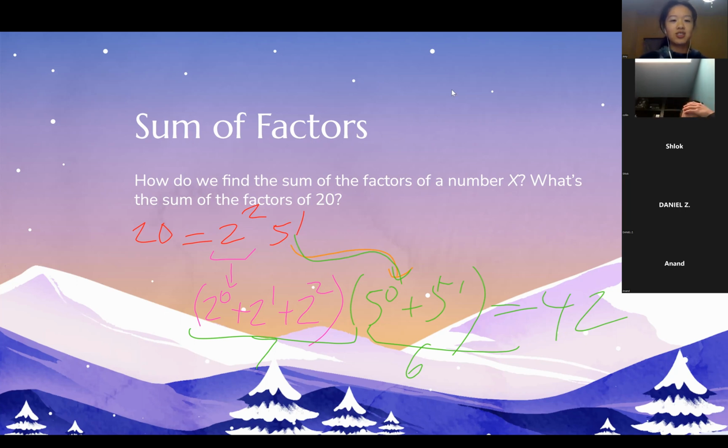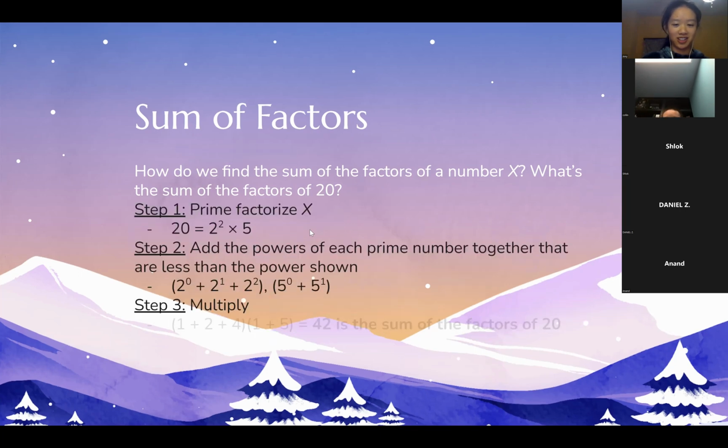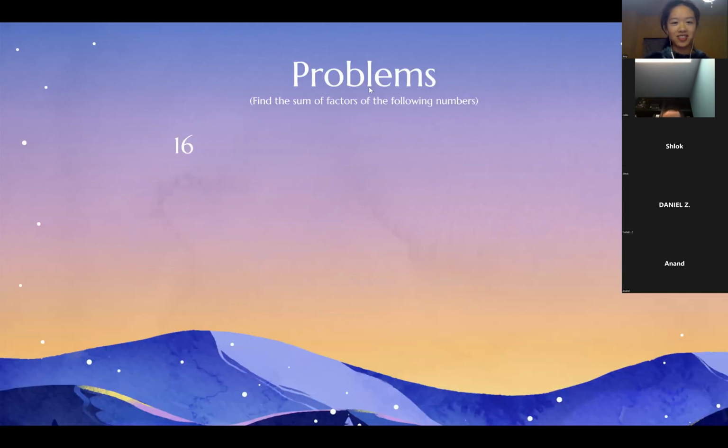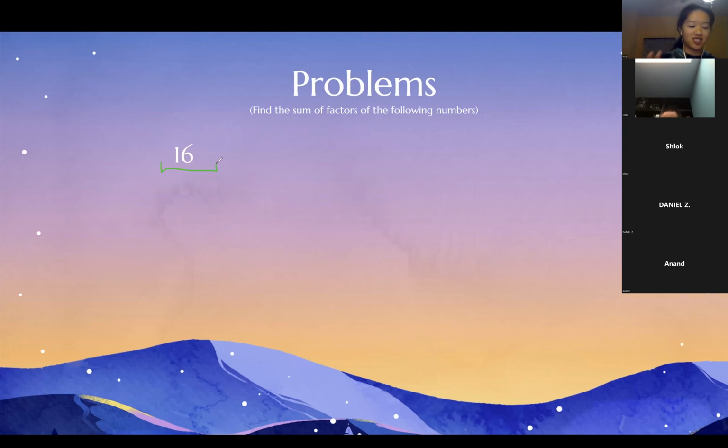So now you guys have to do one problem to prove to me that you actually know it, and then we'll go to the booklet, okay? What is the sum of all the factors of 16? Do it the way I just showed you, and don't list out all the factors and add them up.